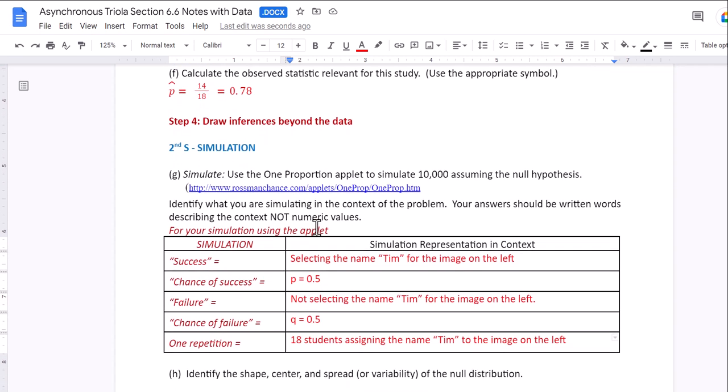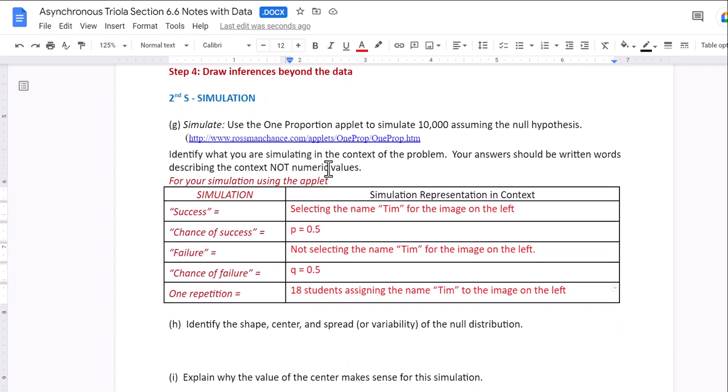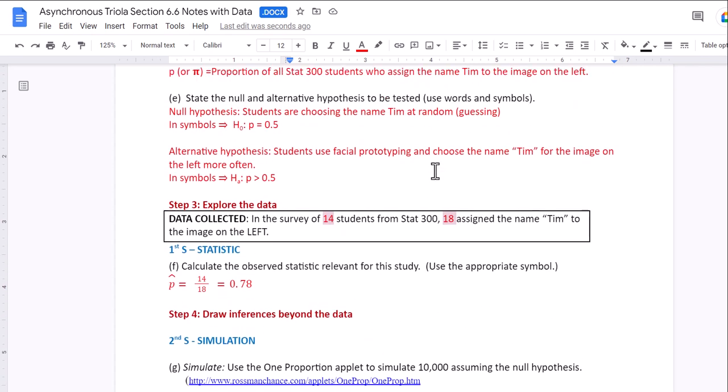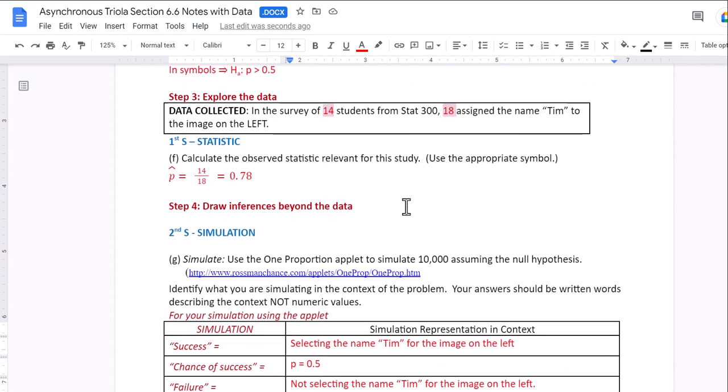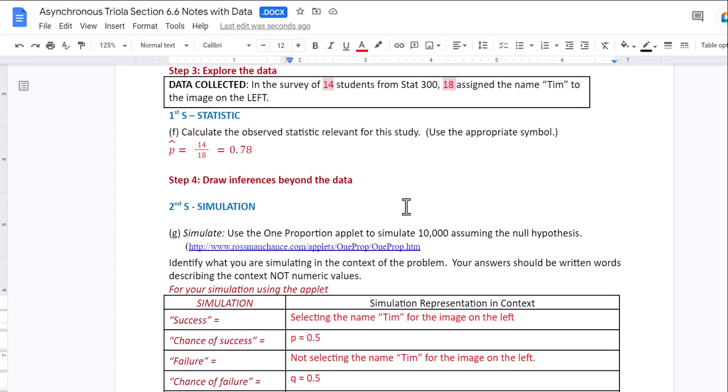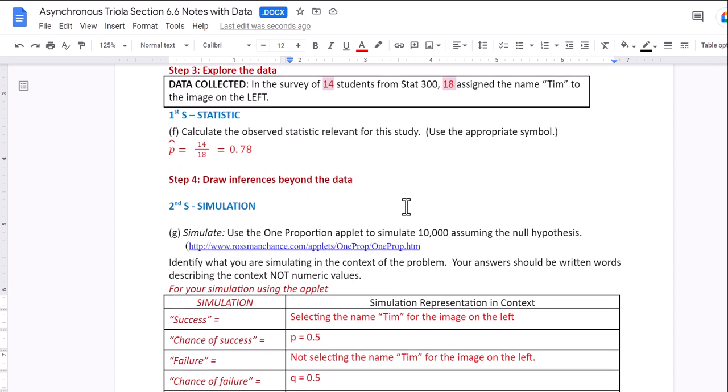So we want to see how likely is that to happen. If I repeat this experiment, how likely is it that I get a similar result? And remember, we're assuming that things are happening by chance. So we're going to assume that students are choosing the name Tim for the image on the left at random. So no special considerations in choosing the name, you're just choosing it at random.